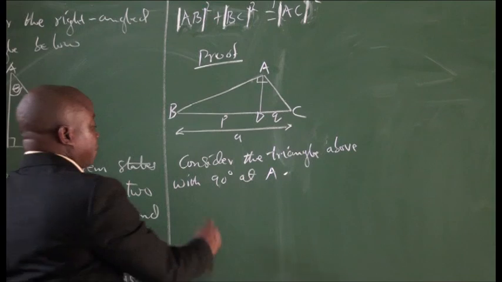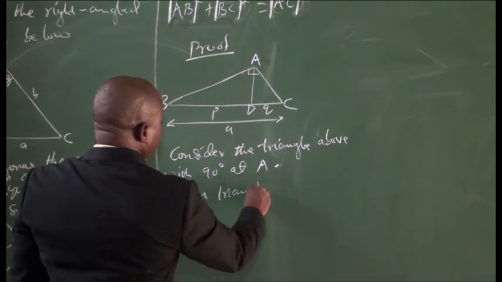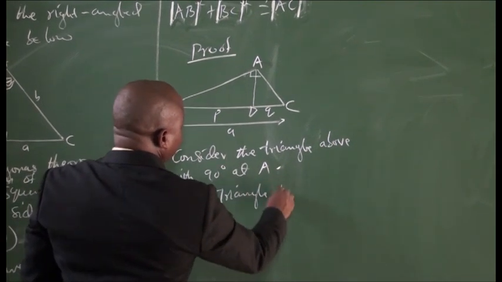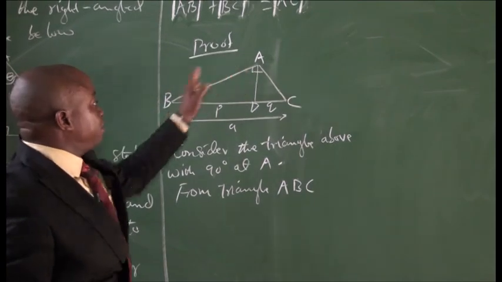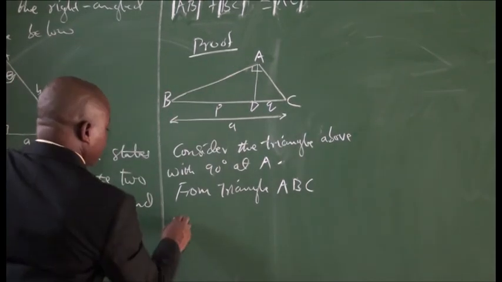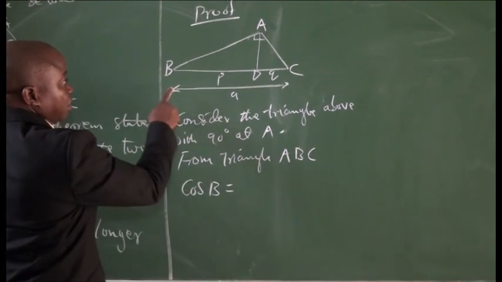Now, from triangle ABC, cos B, look at that.